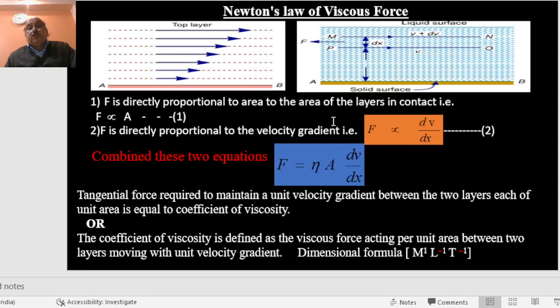If we combine these two relations, we will have the equation F is equal to eta A dv by dx. Eta is the coefficient of viscosity, A is the area of the layer, and dv by dx is the velocity gradient. So the viscous force is equal to eta times these. Eta is a proportionality constant.